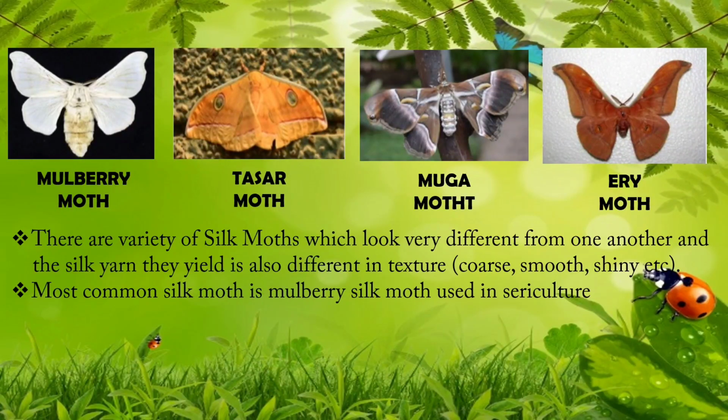These are the different kinds of silk moths which you can see: mulberry moth, tassar moth, muga moth, eri moth, which are present in different regions, and they yield different varieties of silk yarn. The mulberry silk moth is very common in sericulture. It yields a lustrous and elastic kind of silk.